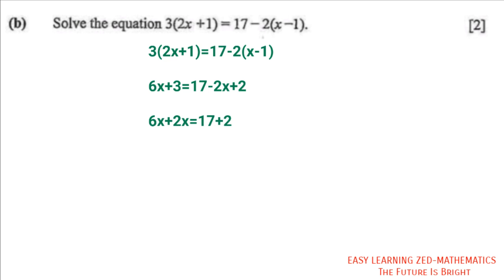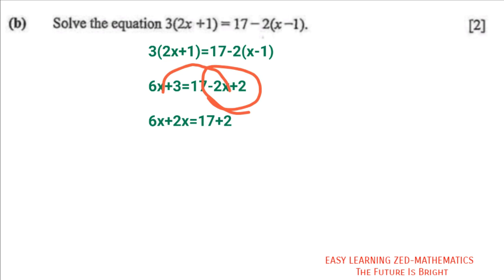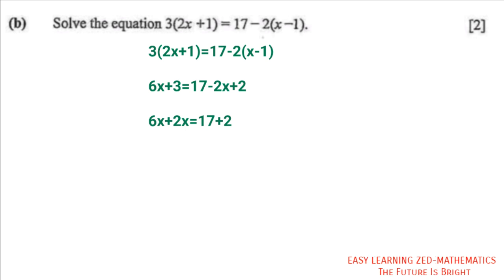However, you and me, we can see that we haven't written this negative 3. So I'm going to get this 3 and cross the equal sign. Since it's going to cross the equal sign, it's going to change its sign, so we're going to have 17 plus 2 minus 3.